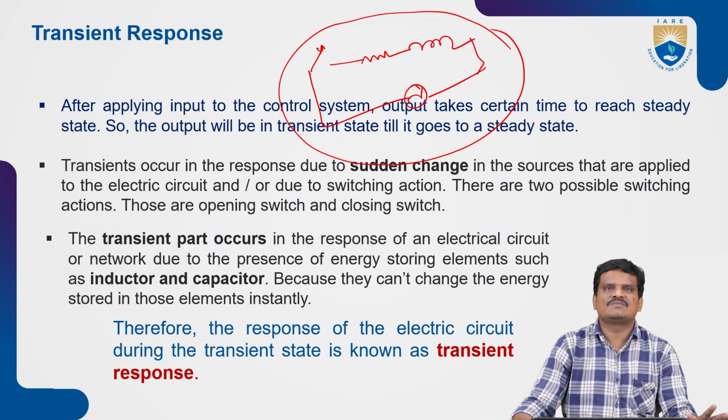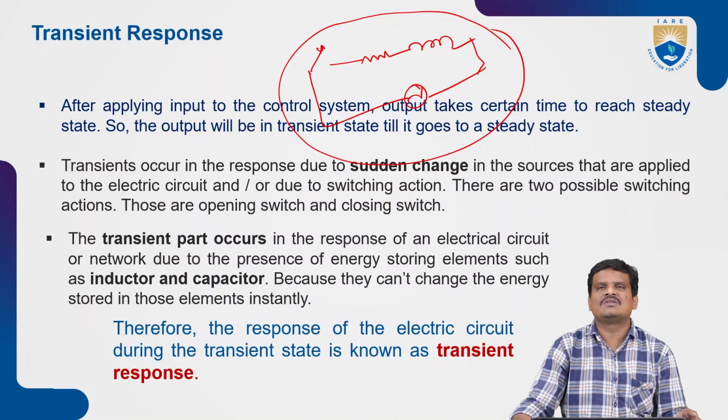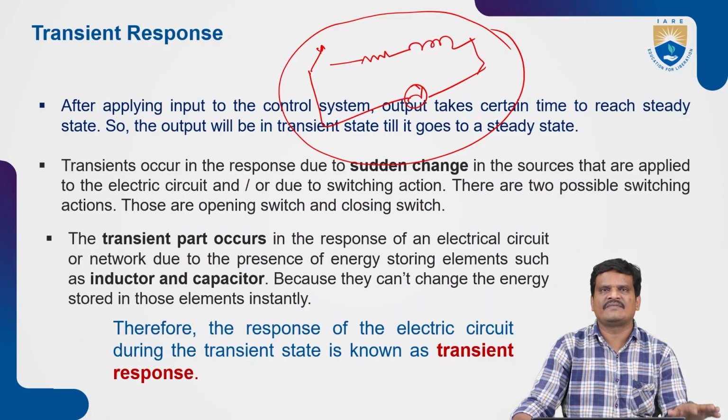So the transient response will occur in any circuit due to the presence of energy storage elements like inductor or capacitor, or else due to the presence of a switching action. Switching action is nothing but what? Opening the switch and also closing the switch. So the transient response in any circuit will occur due to three things. One is due to the presence of an inductor, the other one is due to the presence of a capacitor, and the other one is due to the switching action, which includes opening the switch or closing the switch.